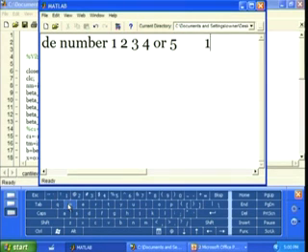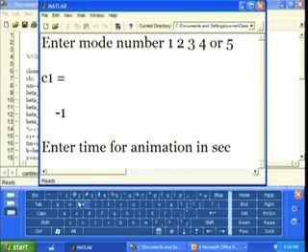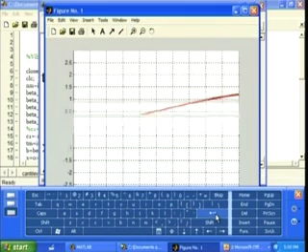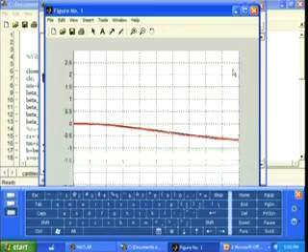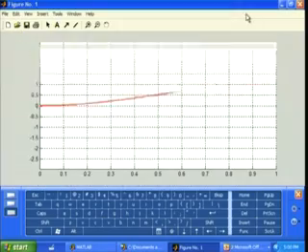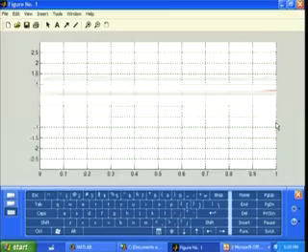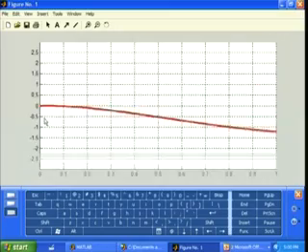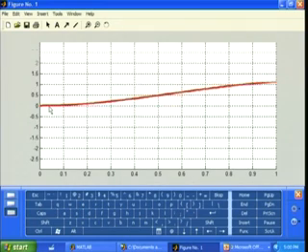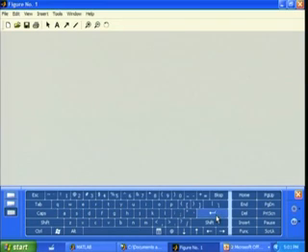In case of the first mode, you can see that the free end is moving up and down, and there is maximum deflection at the free end, and at the fixed end there is no vibration up to a certain extent. At the fixed end the slope will be equal to 0.